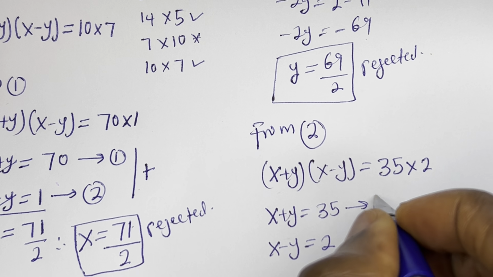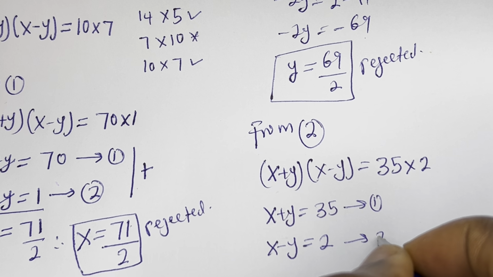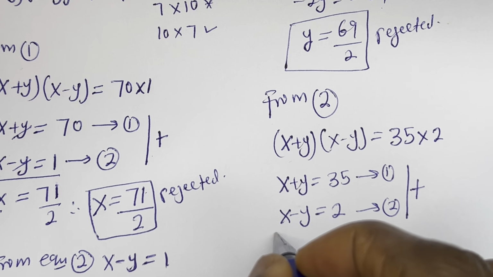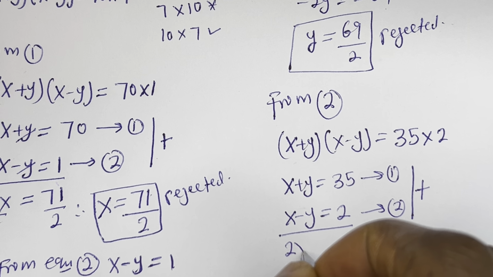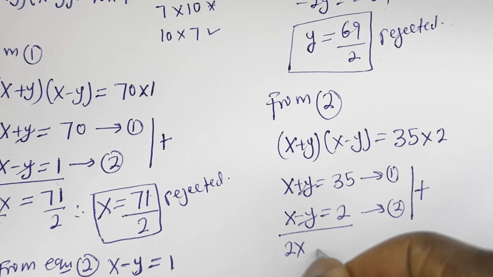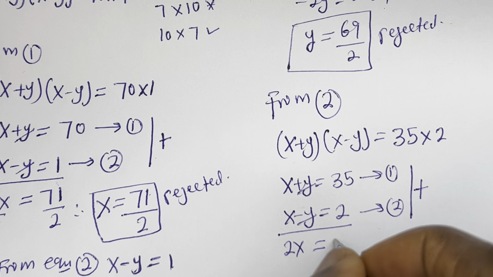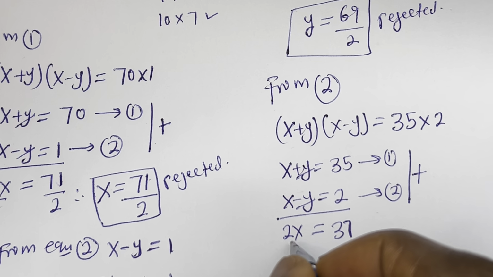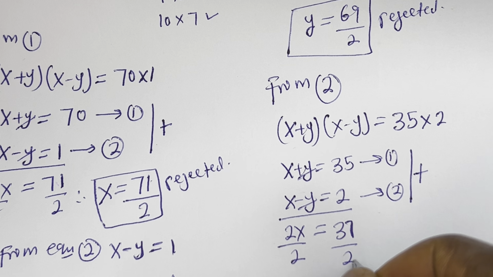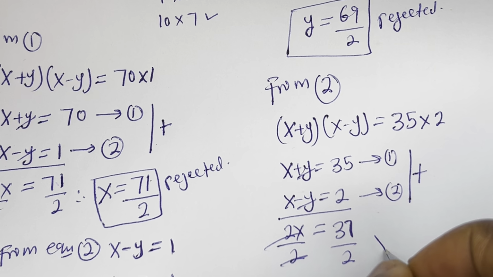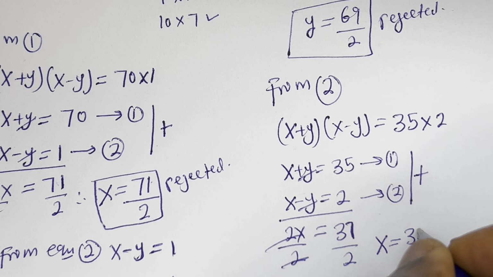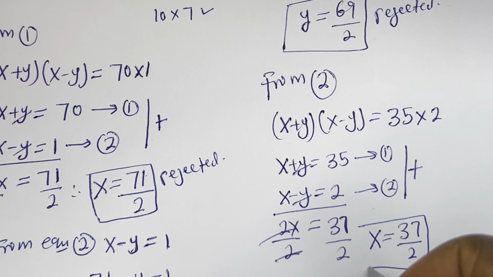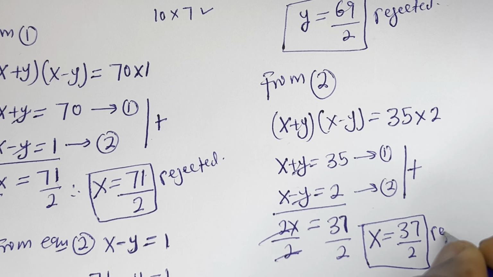This is equation 1, this is equation 2. Let's solve this using the elimination method by adding the two equations together. This is 2x, this cancels, is equal to 35 plus 2, 37. Now let's divide all through by 2. x is equal to 37 over 2, and of course this is not a natural number. It is also rejected.